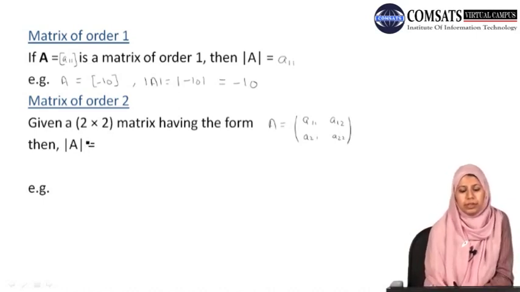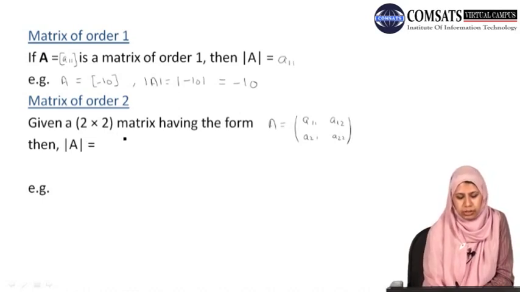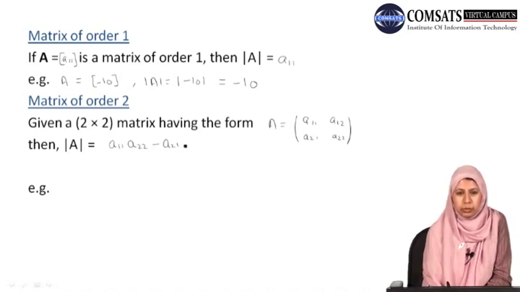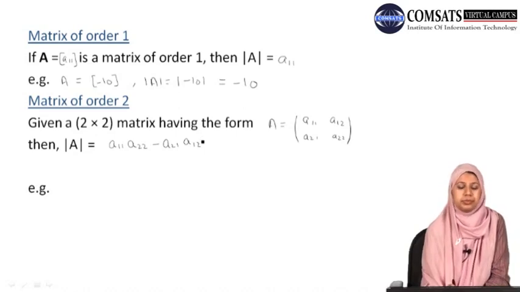Then the determinant of this 2 by 2 matrix will be, first I write it and then I explain what we mean by this determinant: A11 A22 minus A21 A12.